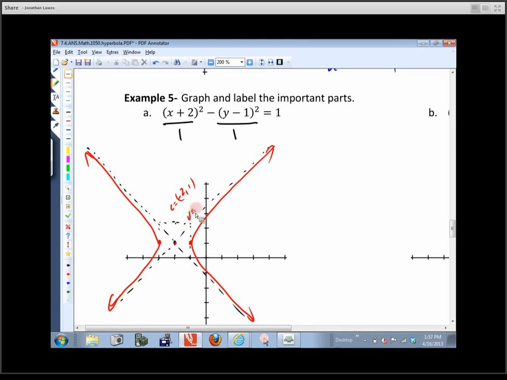That vertex is at -1, 1. And that vertex is at -3, 1. And you come up with the foci and the equation for the asymptotes. You come up with the locations, coordinates of the foci, and the equation of the asymptotes.